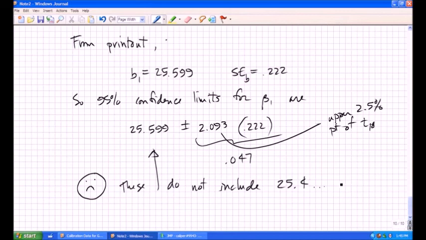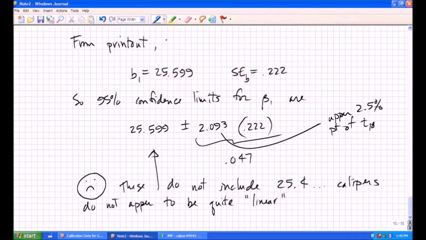So the calipers do not appear to be quite linear in the sense of having a constant bias.